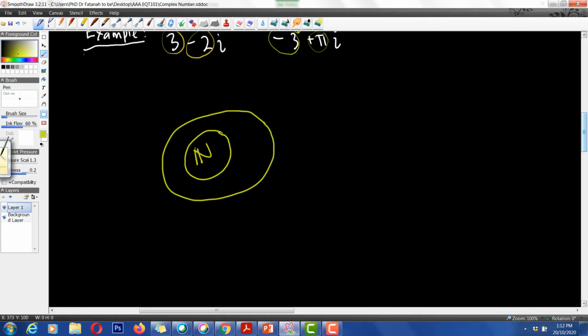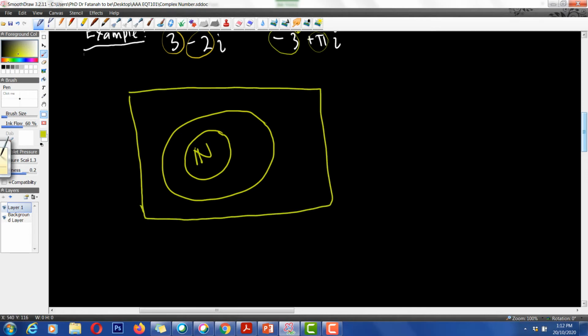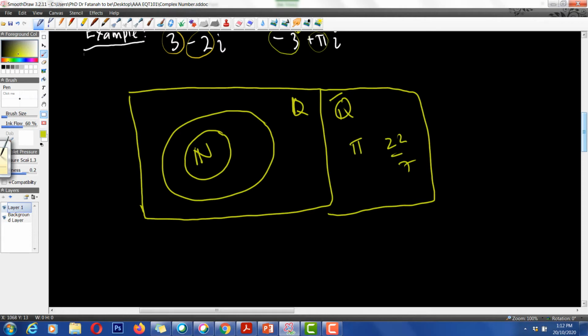And then we learned about decimals. Decimals are real numbers, which we call rational numbers. And then we have another part which is not included in rational numbers. We call it irrational numbers, which are pi, 22/7, e, and so on.